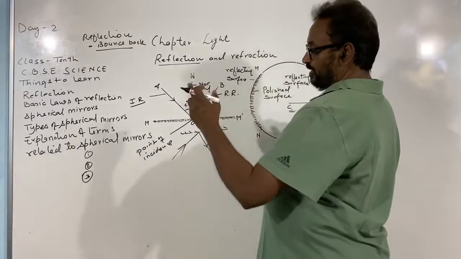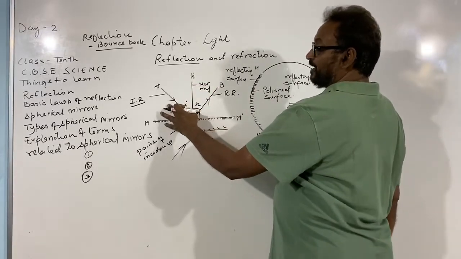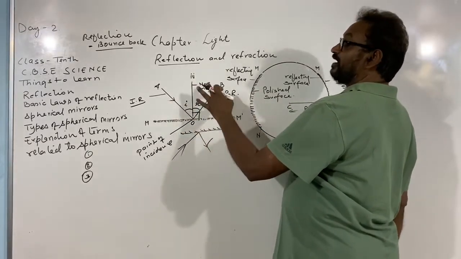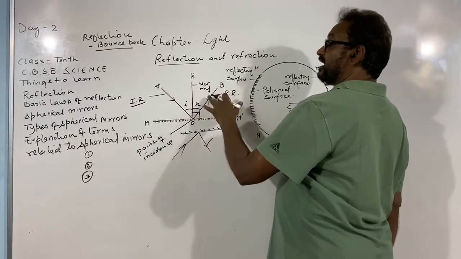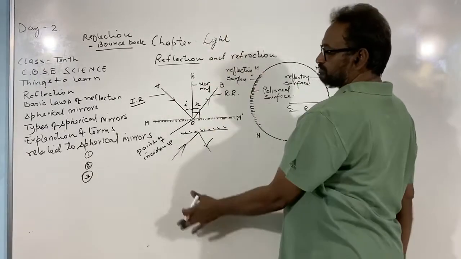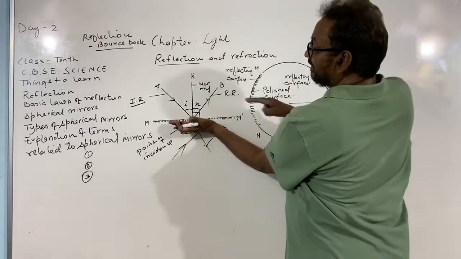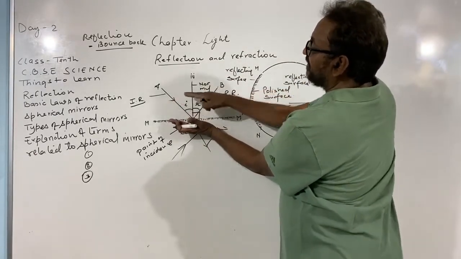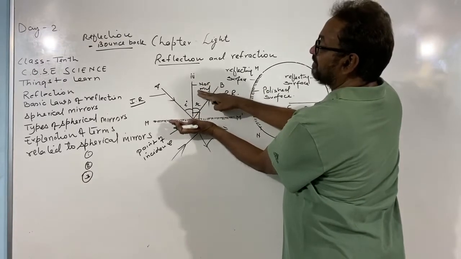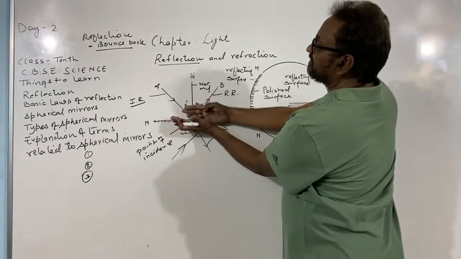So, the incident ray, reflected ray and the normal all lie on the same plane. If this is the mirror and these are the incident ray, reflected ray and the normal, then they are all on the same plane.